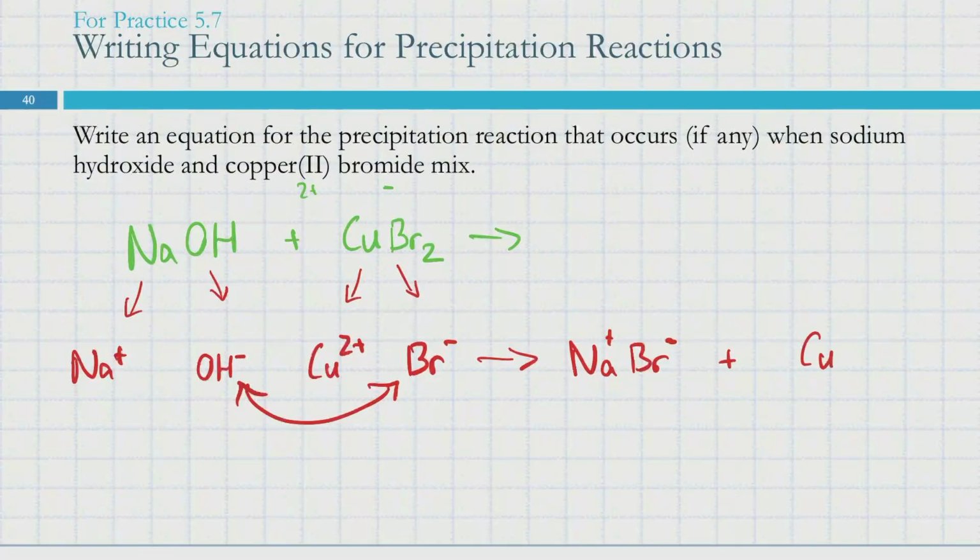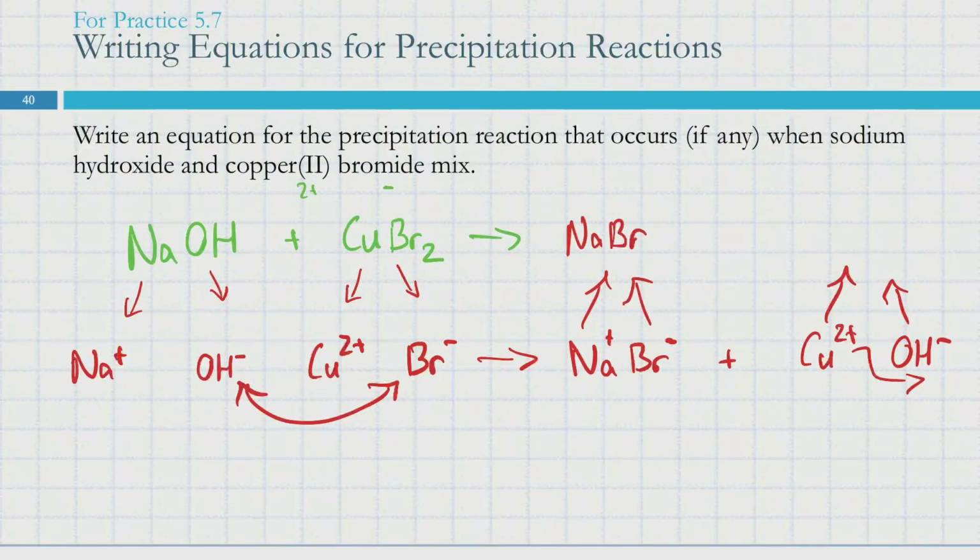We've got Cu2 plus, OH minus. And we combine these. Maybe do a little swap and drop. Get NaBr. We get Cu(OH)2. Copper 2 hydroxide. Questions?